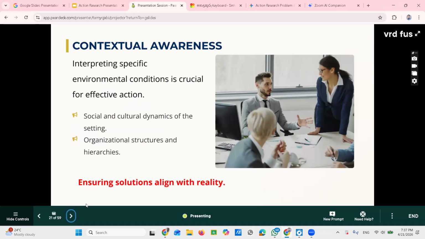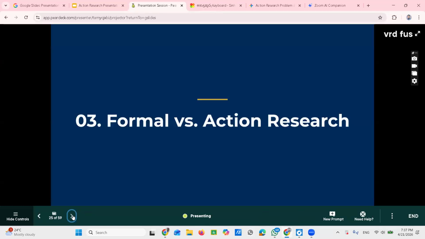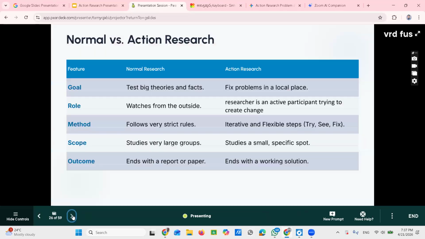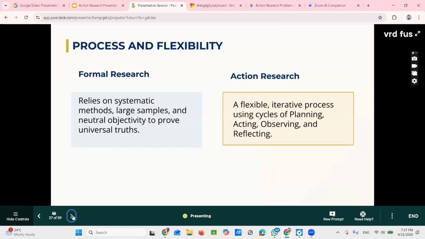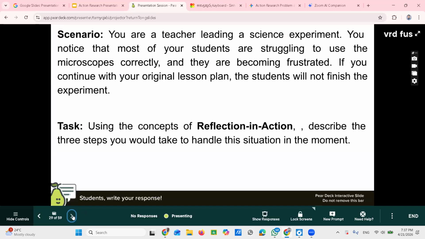Then you also need to know about the organizational structure. It is also important. Then we discussed reflection in action in detail, and also some examples. Then we compared normal and action research, and did one scenario-type example also.